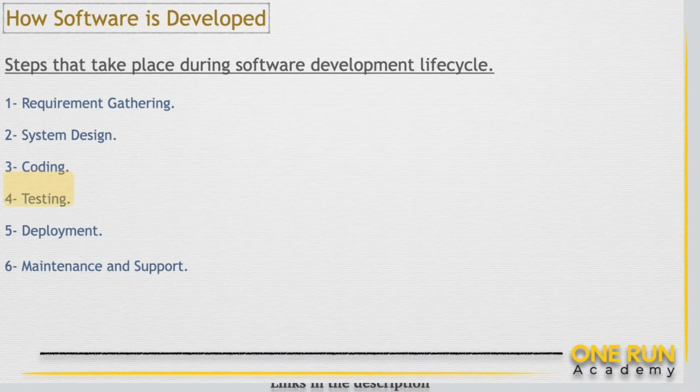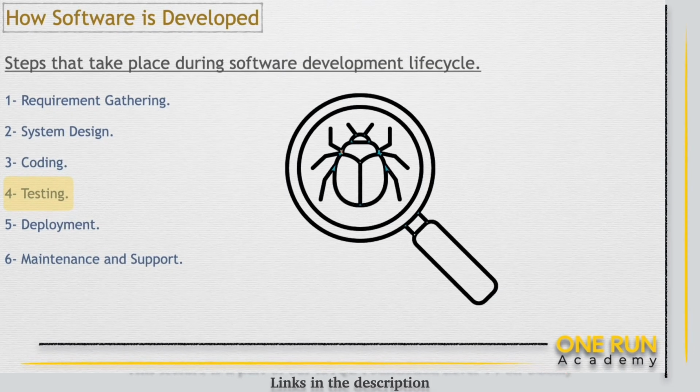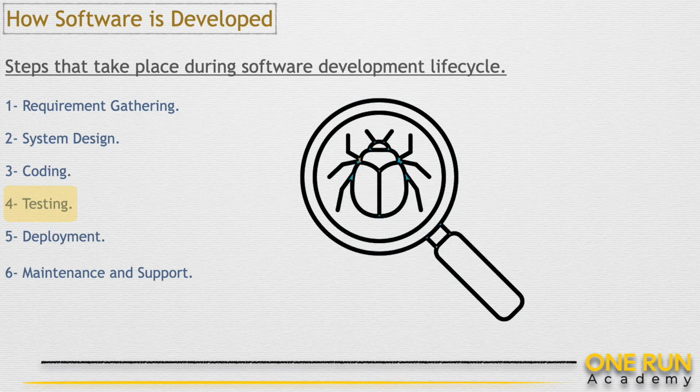Step number 4 is the testing phase. So once the code is written, it goes through rigorous testing. Our quality assurance engineers test the software to identify any bugs or defects. The aim is to guarantee that the software performs as intended, behaves as anticipated, and complies with the specified requirements.